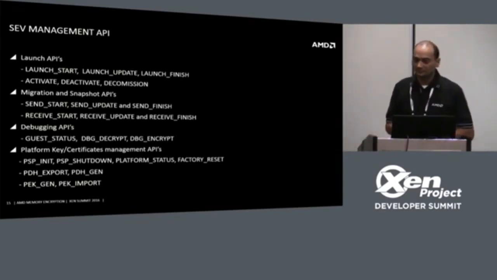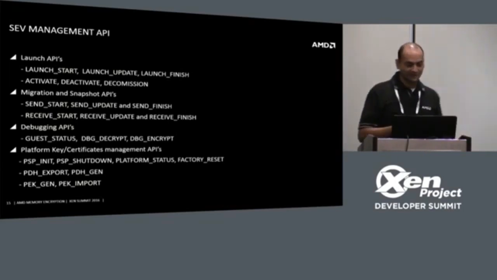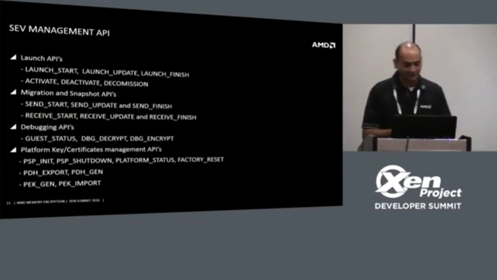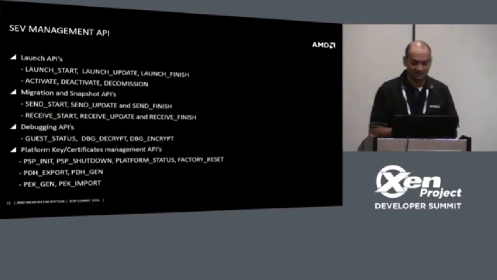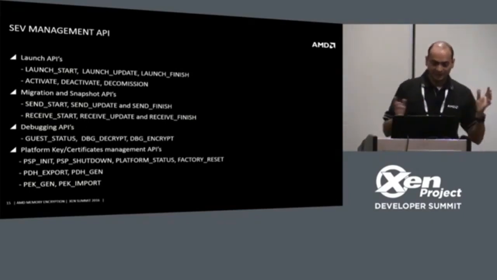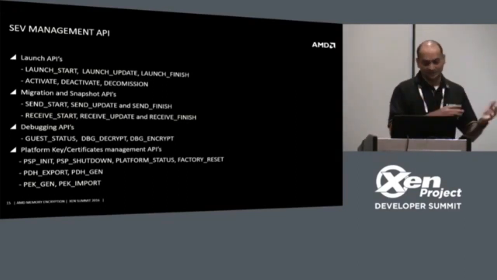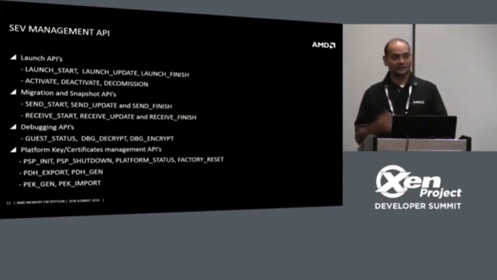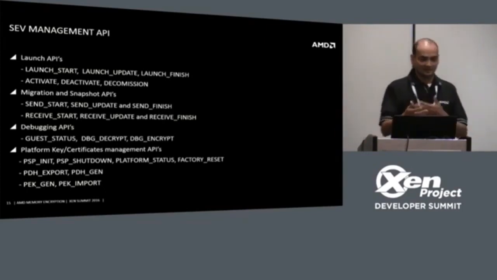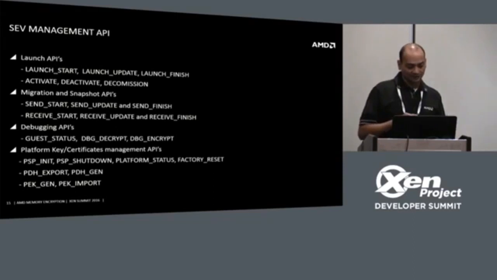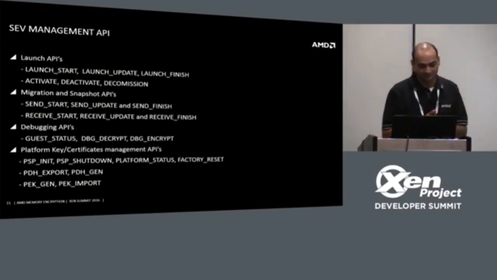And of course, to make things a little bit easier, there are also debug APIs. So the debug APIs are debug decrypt and debug encrypt. Debug decrypt is going to decrypt a guest region, whereas encrypt is the opposite. It can be used to inject certain code. For example, when you are debugging this SEV encrypted guest, one reason I can think of why I need debug encrypt is breakpoints.